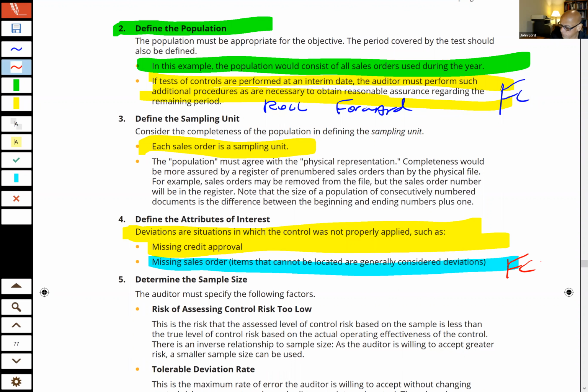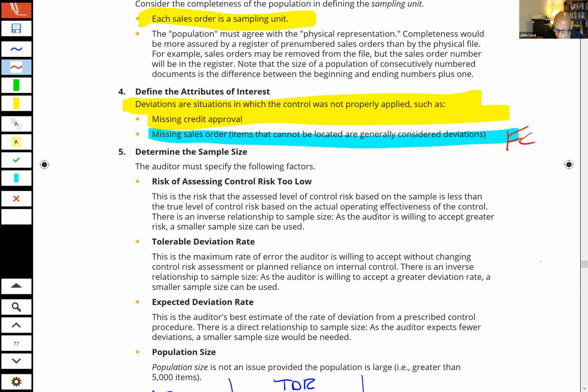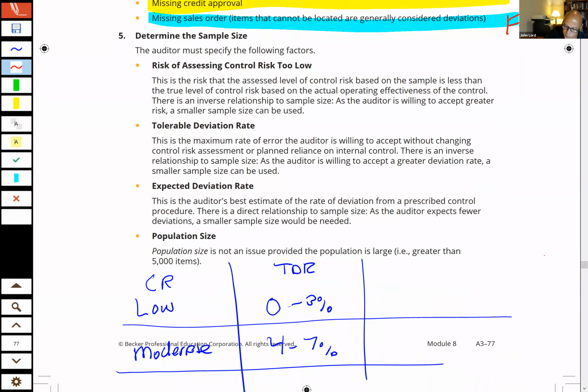If you can't find a document to perform your test, then you assume there's a deviation. They can't say, hey, Joe, we're missing sales order 101. Was that one approved? Oh, yeah, it was approved. No, you have to see it, right? You have to be able to inspect it to know that it actually had the credit approval.